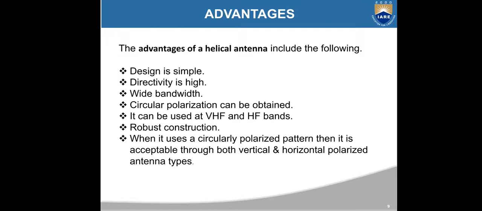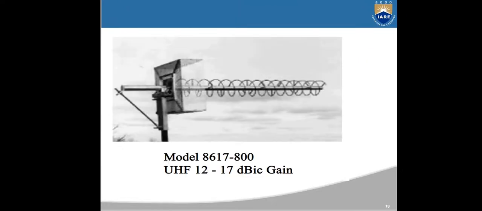Other antennas cannot act as both; they are polarized either vertically or horizontally. By this we can say it is very useful, and with a circular polarized pattern, it is acceptable.